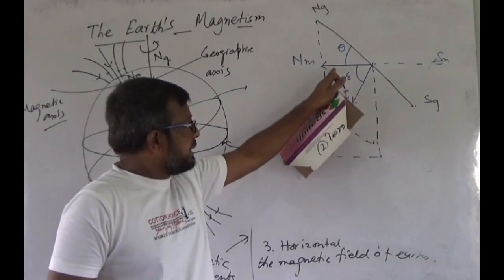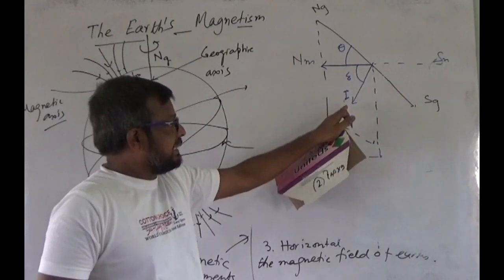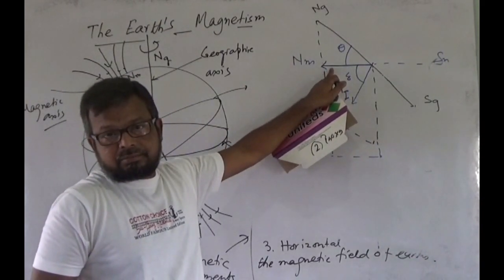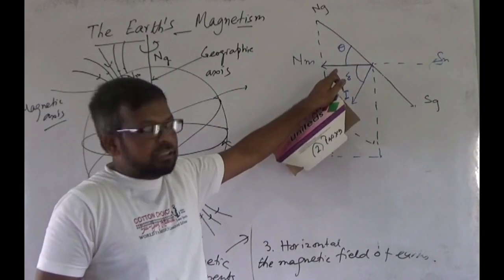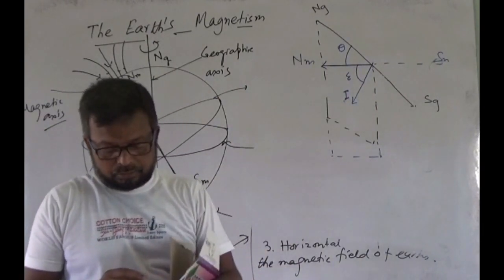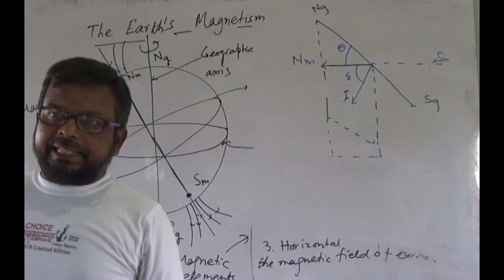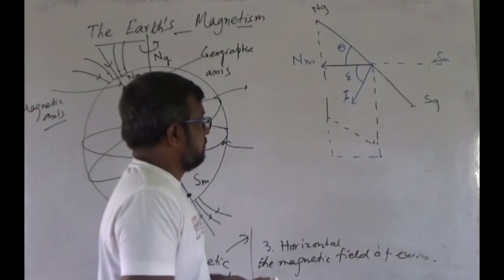One is called horizontal component, that is its component along the horizontal direction in magnetic meridian.